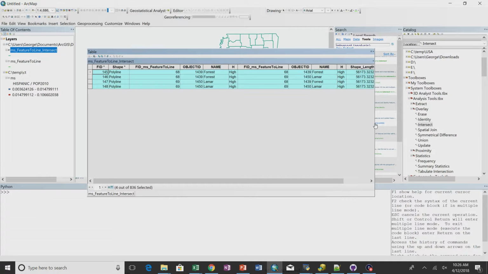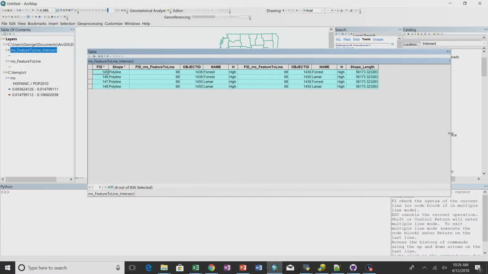Okay? And if we read these lines, we can see what they are. One is the forest to forest line, because we intersected 2 layers. And so one line was just the 2 forest boundaries hitting each other. This next line is where Forest County from one layer hit Lamar County in the other.